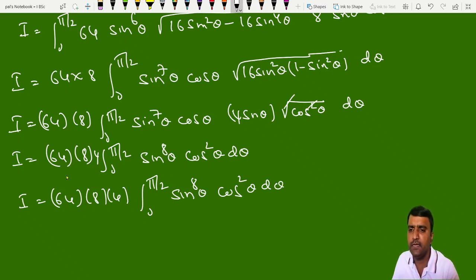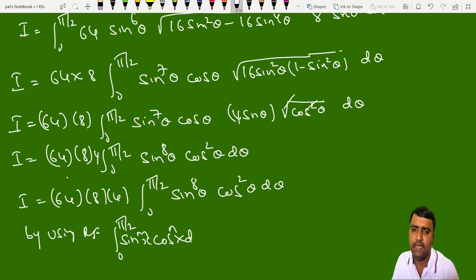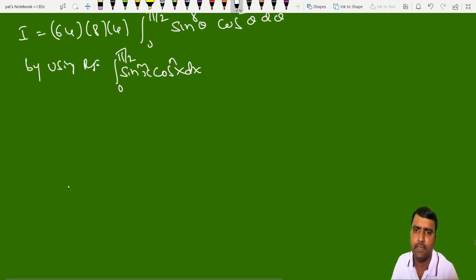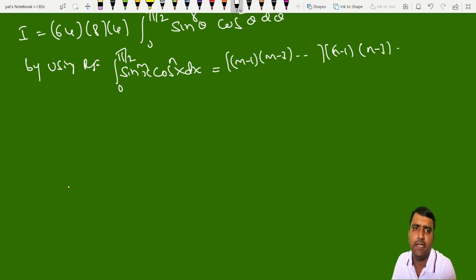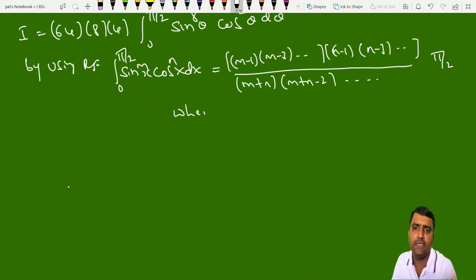Again here I am using a reduction formula. By using the reduction formula, integration from 0 to pi by 2 of sine to the power m x into cos to the power n x dx is equal to m minus 1 into m minus 3 and so on, into n minus 1 into n minus 3 and so on, divided by, in the denominator, m plus n into m plus n minus 2 and so on, into pi by 2, when both m and n are even.